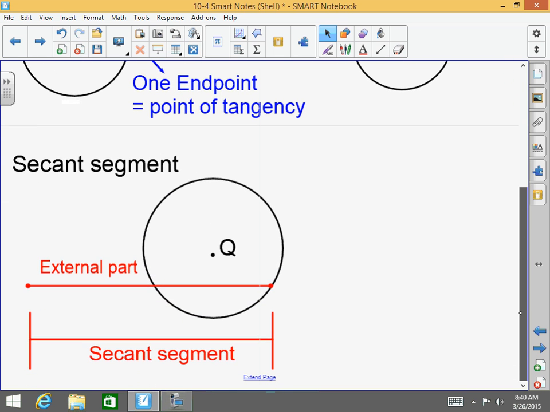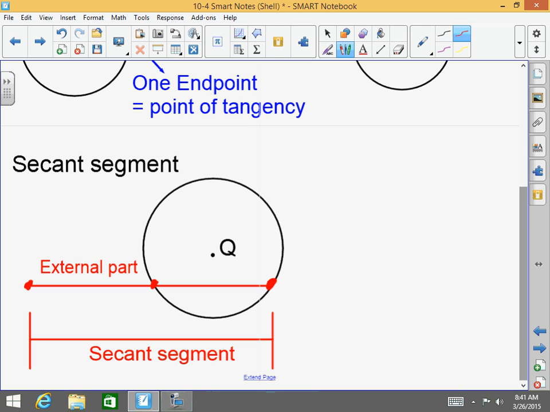A secant segment. Remember how we were saying that the point of tangency or a tangent line is external. If you have a secant segment, it's the same thing as a regular secant, except it's a segment that intersects the circle still at exactly 2 points.